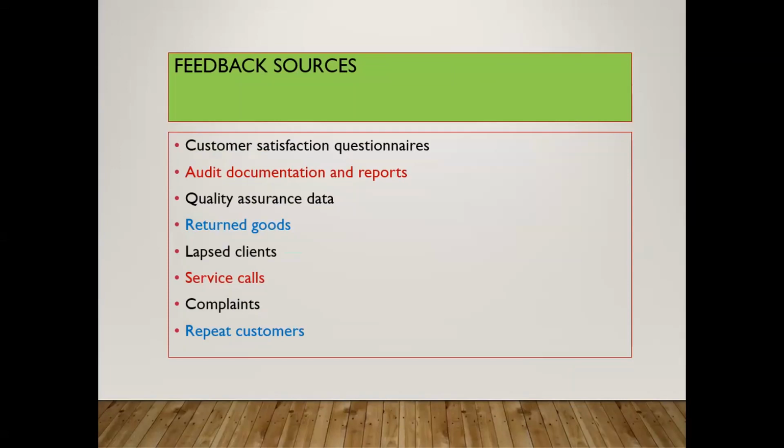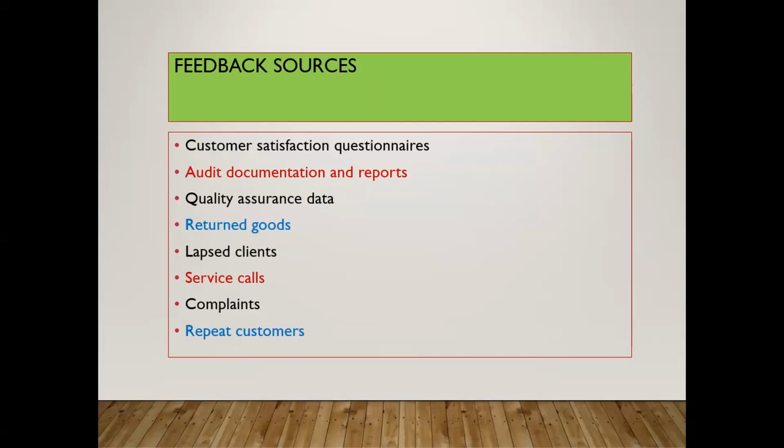You also get feedback from complaints. Complaints are a very special type of feedback and they're very, very important for establishing things that you have to do to make corrections. It is very, very important that an organization never ignore complaints that are made by customers. Another source of feedback are repeat customers. So why are they coming back?